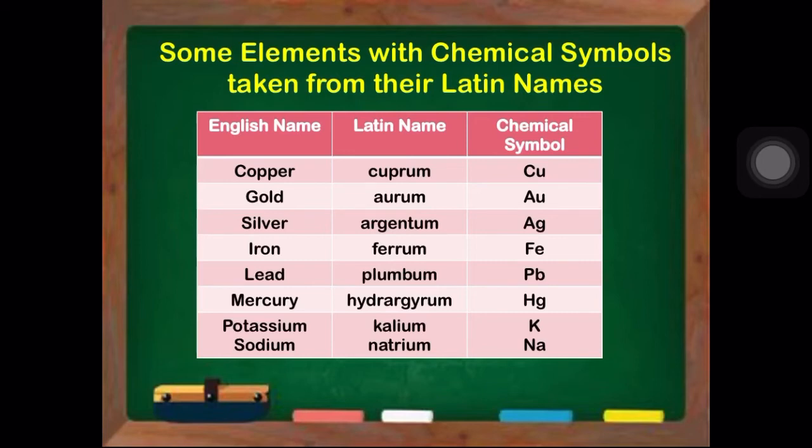Mercury, hydrargyrum. Chemical symbol, capital letter H, small letter g. Potassium, Latin name, kalium. Chemical symbol, capital letter K. Sodium, Latin name, natrium. Chemical symbol, capital letter N and small letter a.